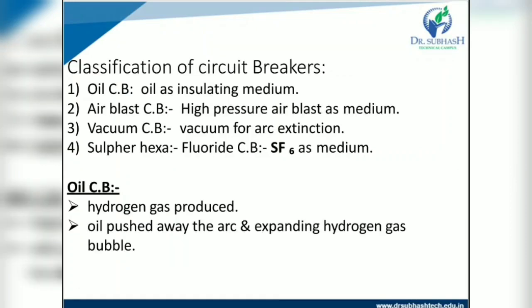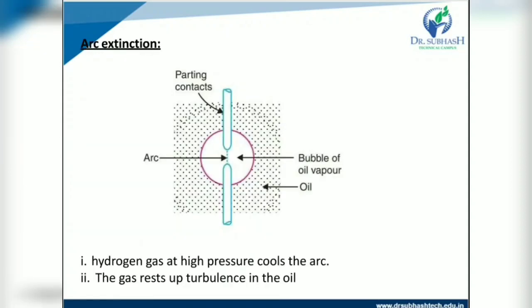Then after that, different types of circuit breaker like the oil circuit breaker, air circuit breaker, vacuum circuit breaker and sulfur hexafluoride circuit breaker. In that we studied the oil circuit breaker and the phenomenon of arc extinction in the oil circuit breaker.